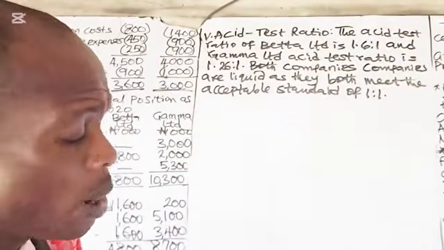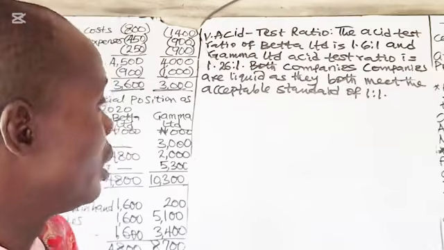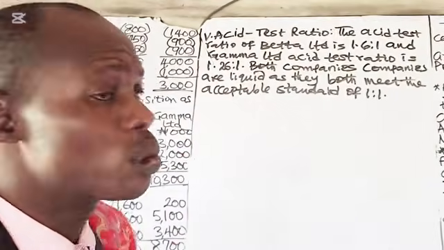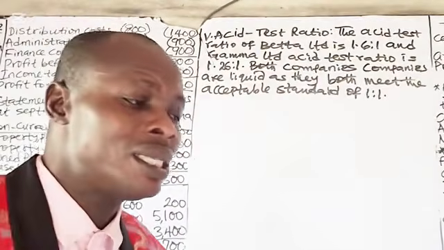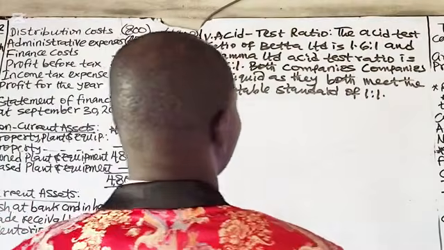The current ratio and the acid test ratios being liquid implies that both companies can meet their short-term financial obligations.